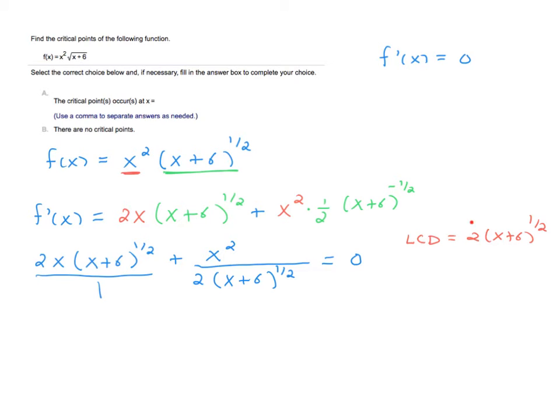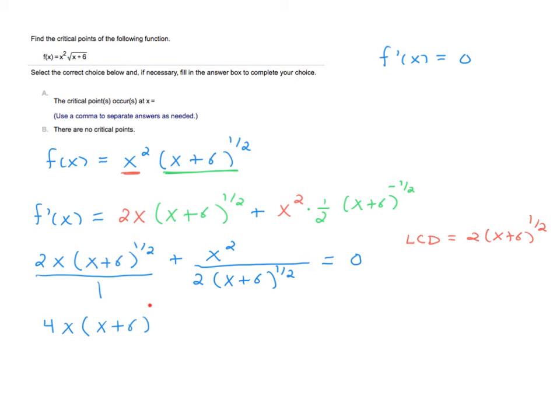So when I take this and multiply it here, I'll have 2 times 2. That gives me 4. I'll have x, but I'll also have x plus 6 to the 1/2 times x plus 6 to the 1/2. You would add those two exponents, 1/2 plus 1/2, giving us an exponent of 1.